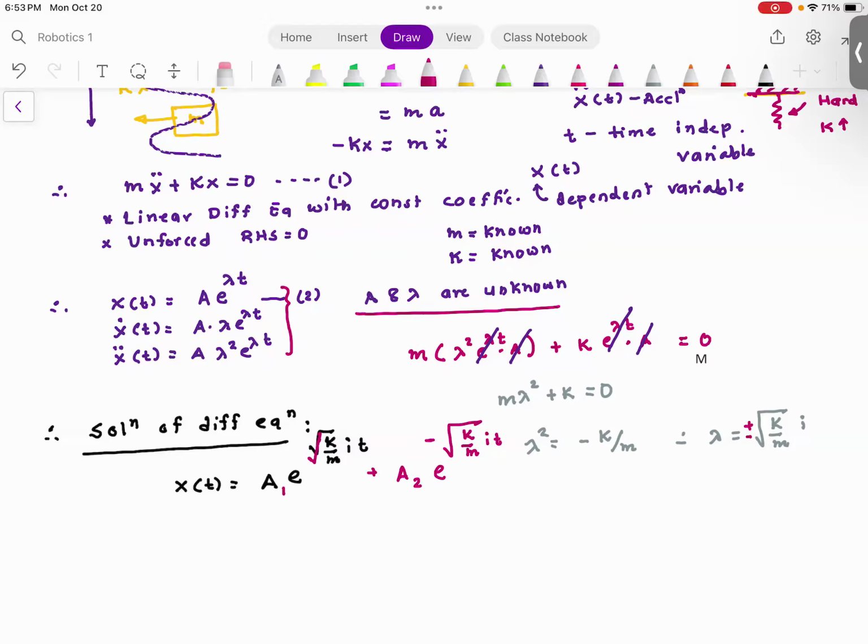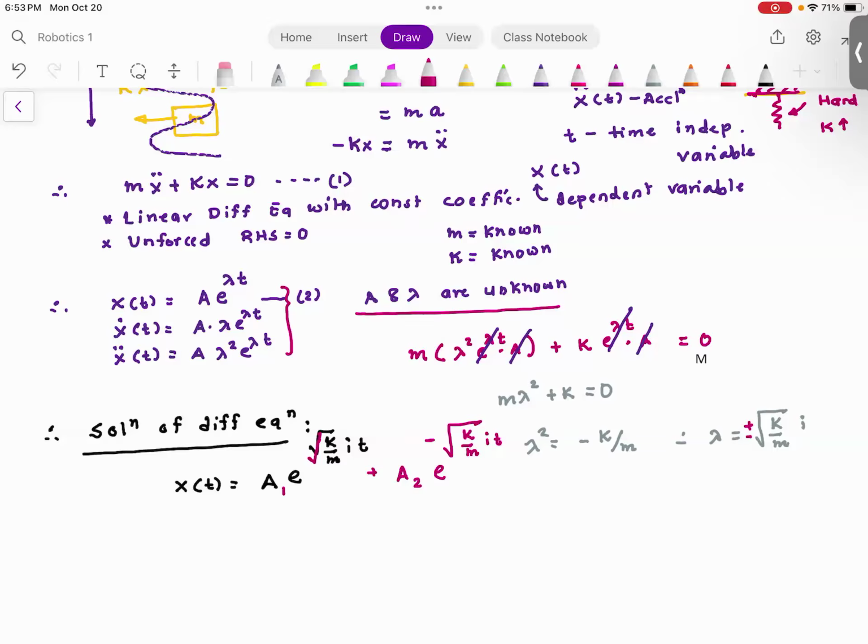Substitute x is equal to a e to the lambda t. Take that equation, find as many derivatives as you want. At the end, equate the left hand side of the equation to the right hand side. Everyone understood this? And solve. However, the problem that you are going to realize is we got this lambda imaginary because lambda squared was minus k over m.